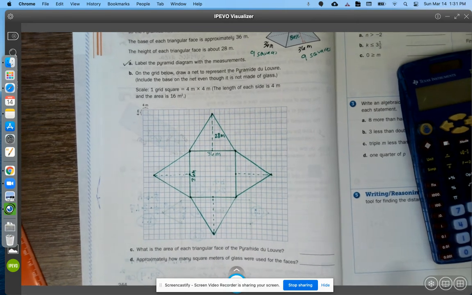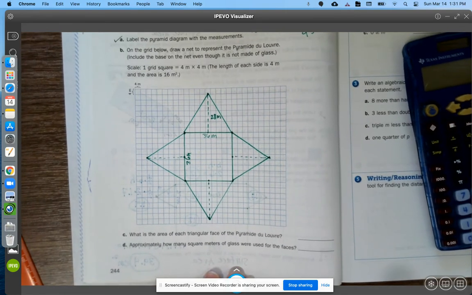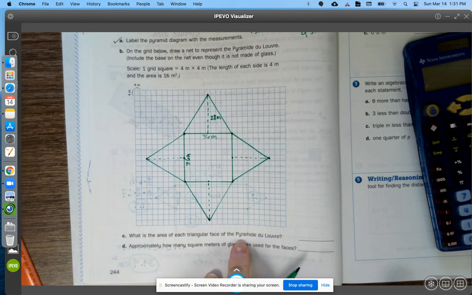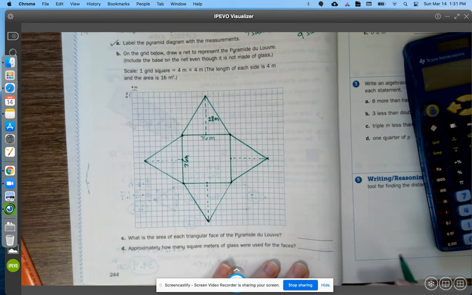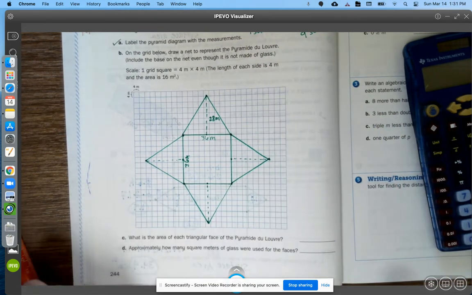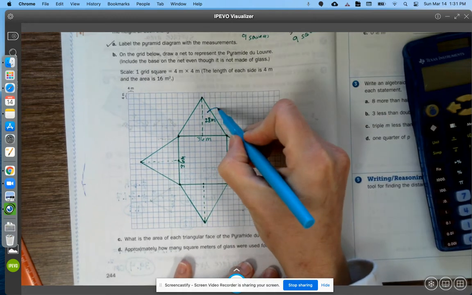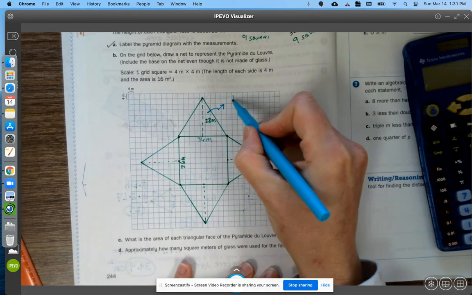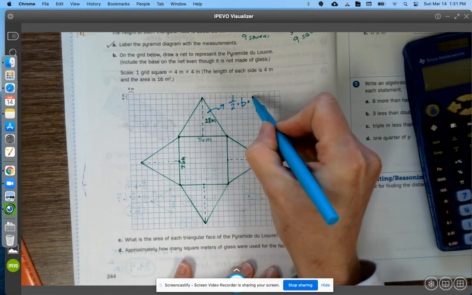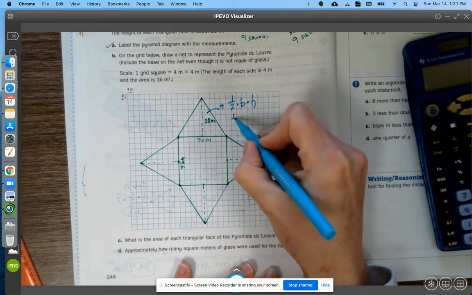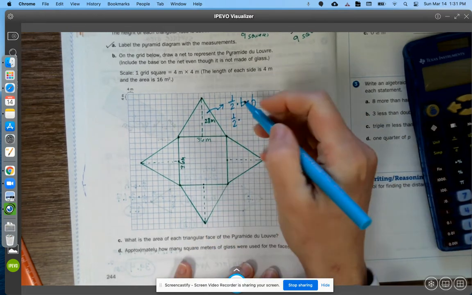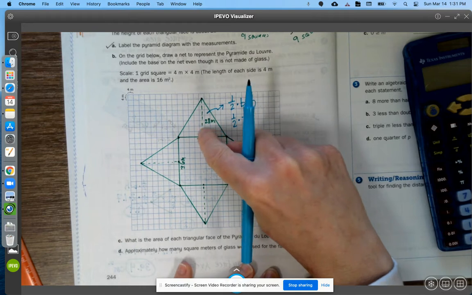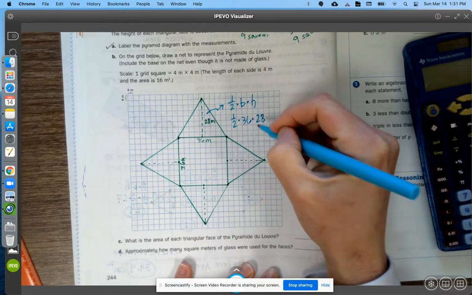Okay. So part C says, what is the area of each triangular face? Okay, so let's find that area of 1. And I'm just going to use the one that I kind of have labeled up here. So we know area of a triangle is 1/2 times base times height. So 1/2 times, and the base we know is 36. The height is 28.